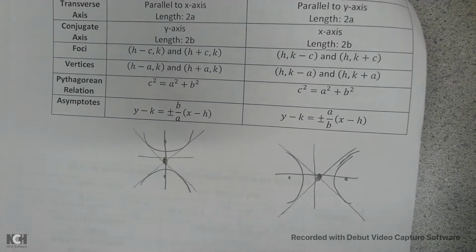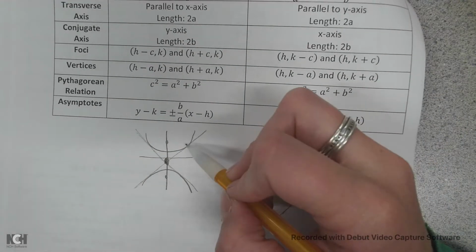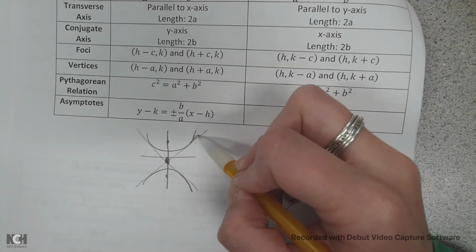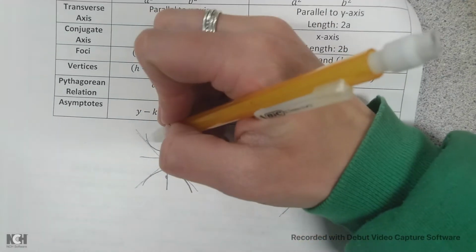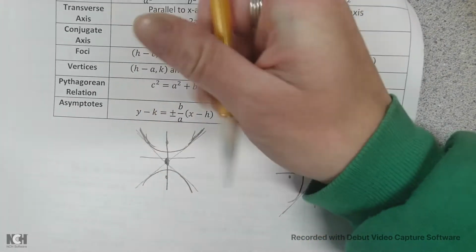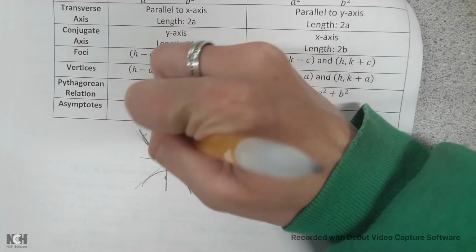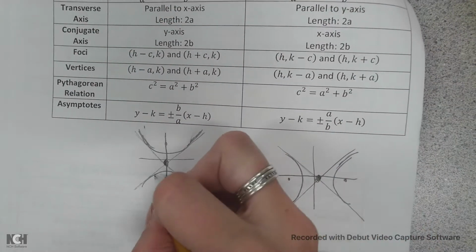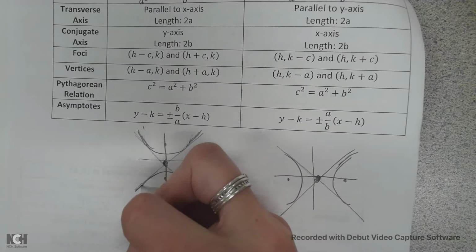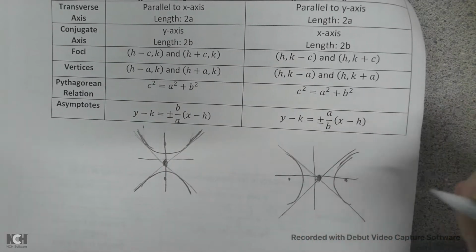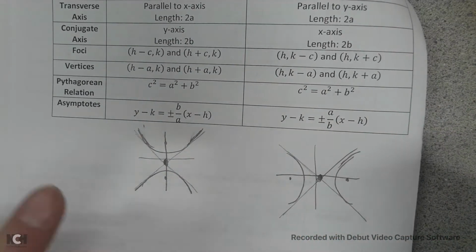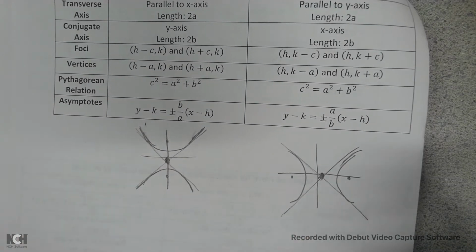The edges of our hyperbola get closer and closer to the asymptotes, but they never touch them, because an asymptote is just something that you get closer to forever, but you never touch. So this is a hyperbola. You either have the up and down ones or the left and right ones.